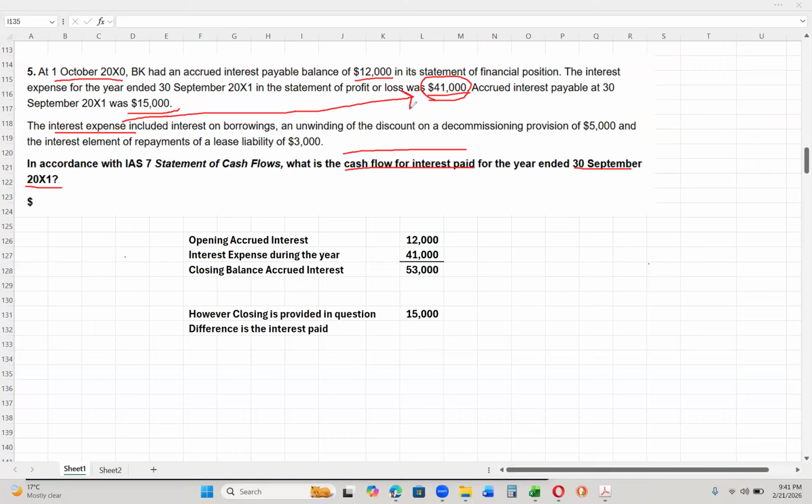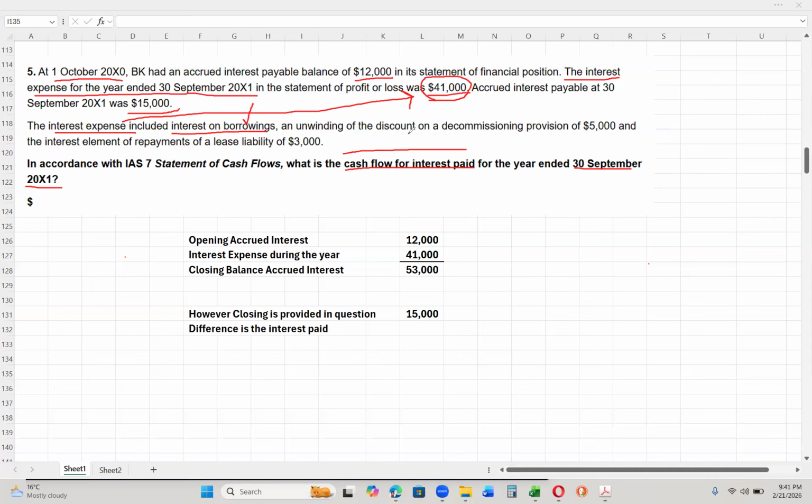They're talking about this figure, the interest expense for the year ended 30th of September 20x1 of 41. They say this interest expense included interest on borrowings and unwinding. Interest on borrowings is fine, no problem. That's correct.